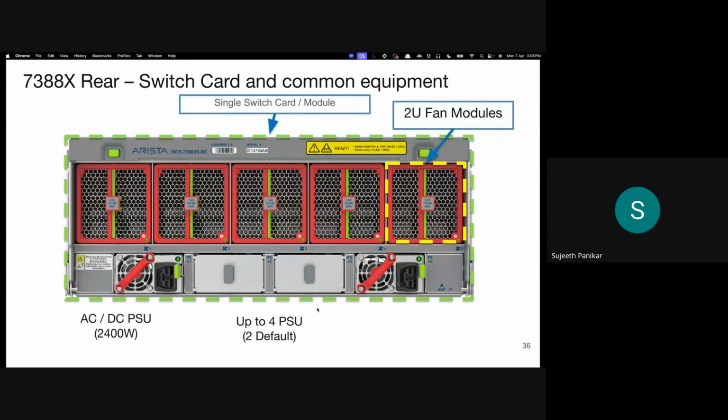But in this case, in Monterey over here, the switch card is accessible from the rear, not in the front. So if you want to access the switch card, you no longer have to go via the line card. You can go from the rear when you pull out the fan card of the PSU and access the switch card, which also means that you don't have to worry about pulling out the transceivers from the line card and cabling and recabling things again. And that's a big change.